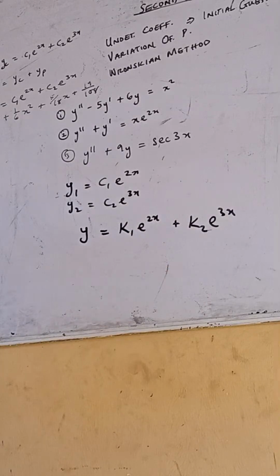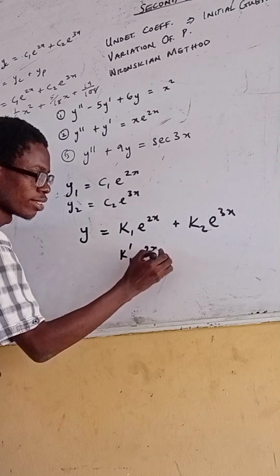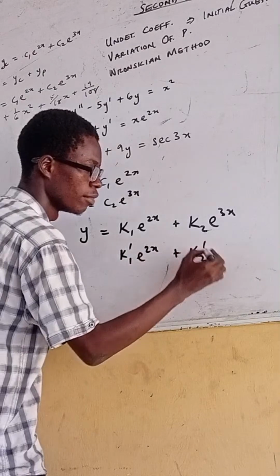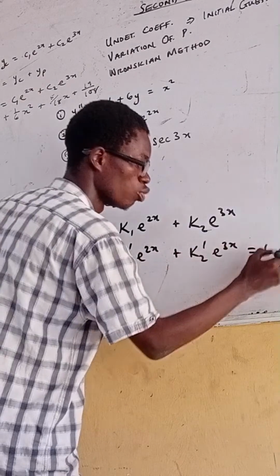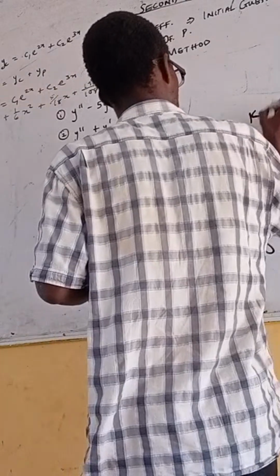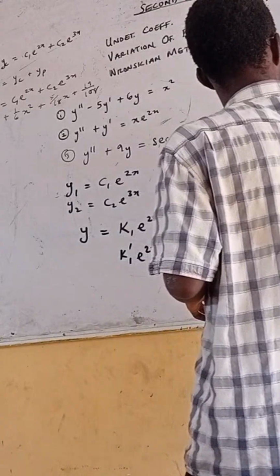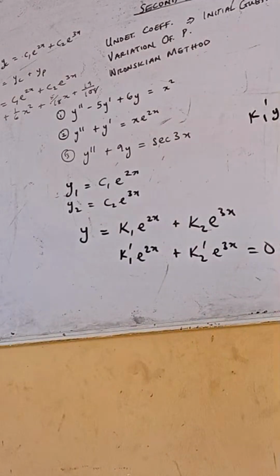So as not to give yourself problems later on, we have to establish the equation K1 prime e raised to power 2x plus K2 prime e raised to power 3x equals 0. We must establish this. In essence, K1 prime y1 plus K2 prime y2 equals 0.